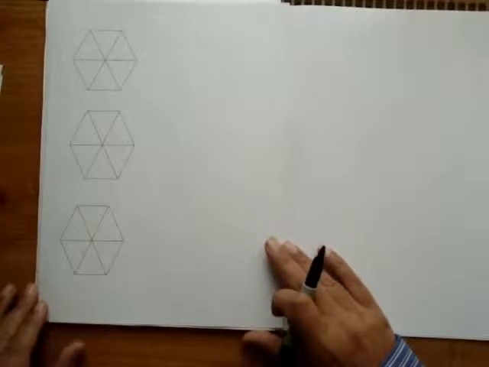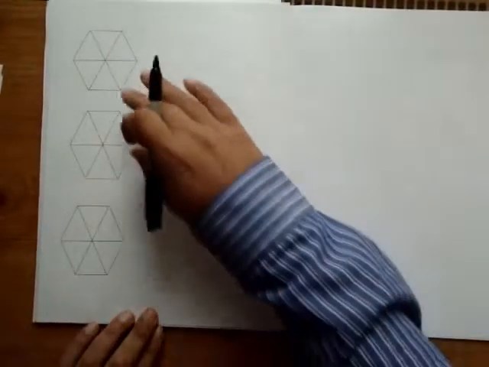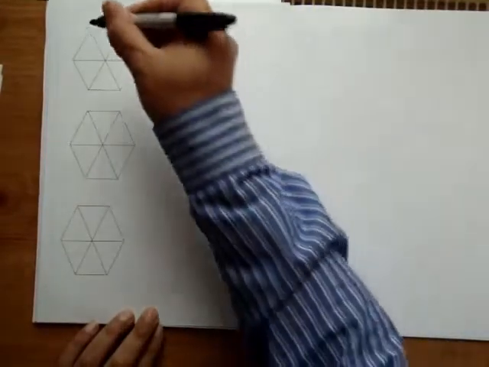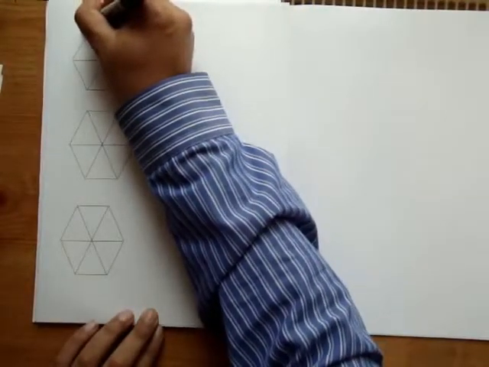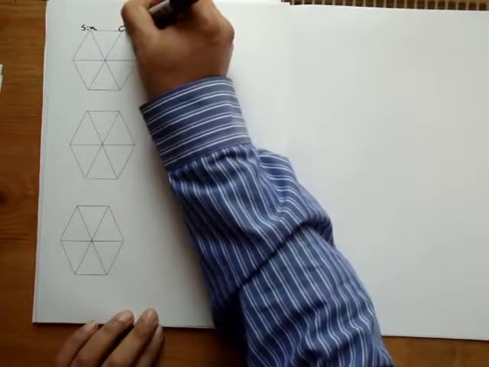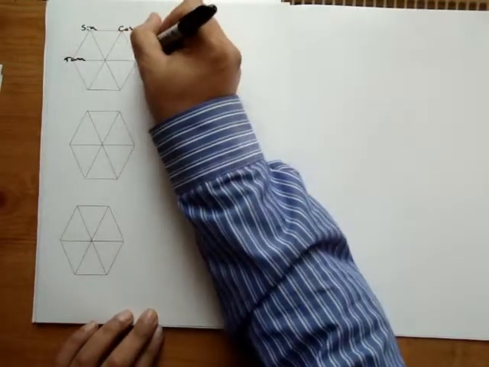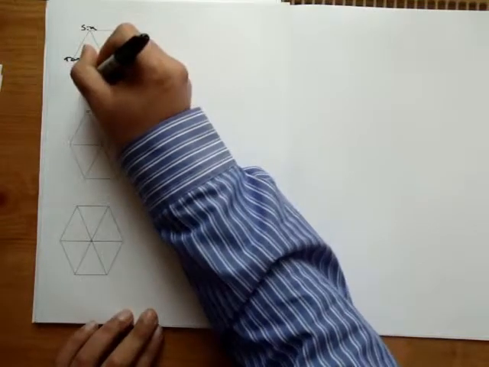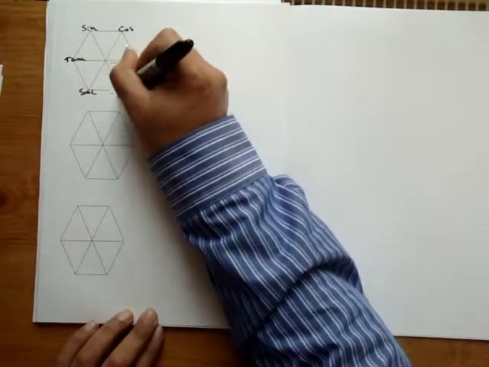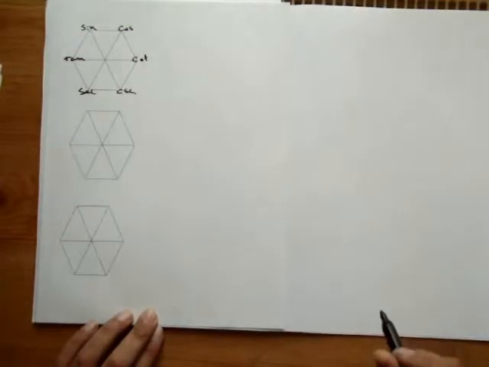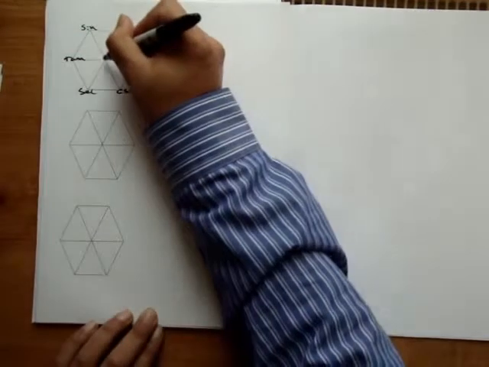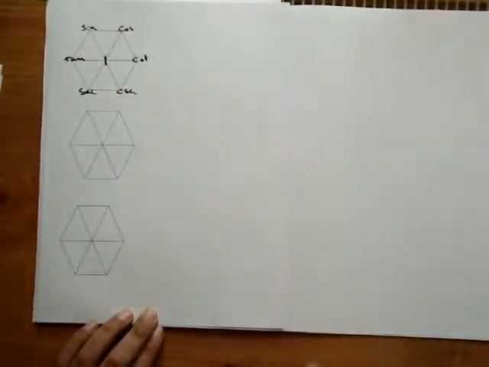One way of remembering the trig functions is to use a hexagon. We label it sine, cos, tan, cot, sec and cosec on the vertices with a 1 in the middle.